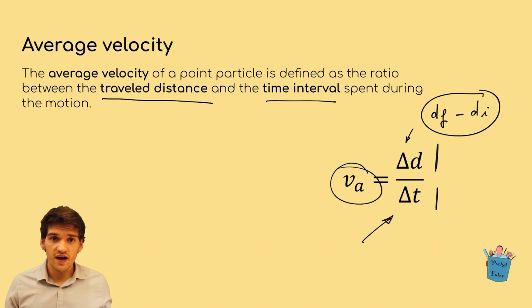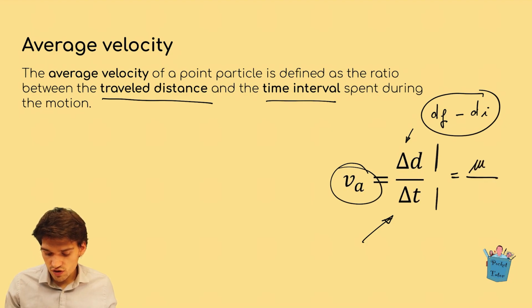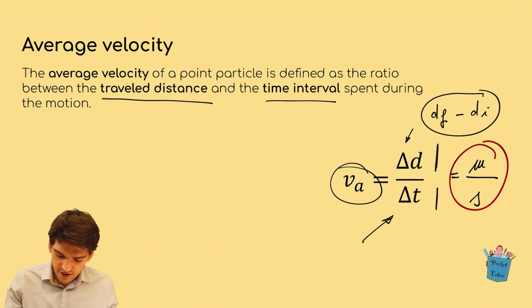So if we divide the distance traveled by the total amount of time taken to travel that distance, we find the average speed. And if we want to see which is the unit of measurement of speed, we just need to compute this ratio, because the unit of measurement of distance is the meter, and the unit of measurement of time is the second. And we can clearly see that the unit of measurement of speed is meters per second.